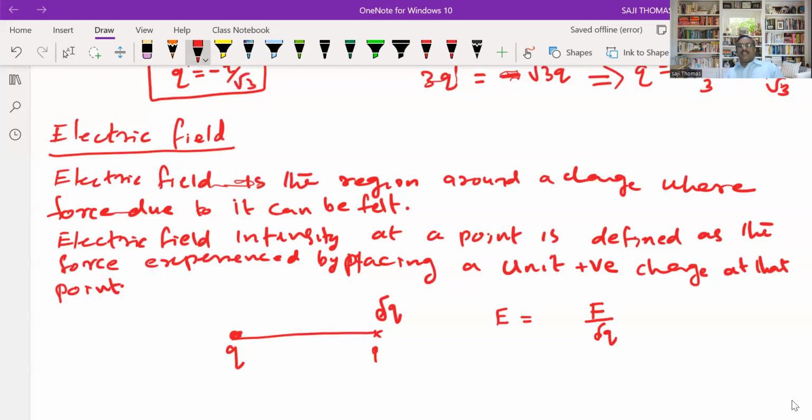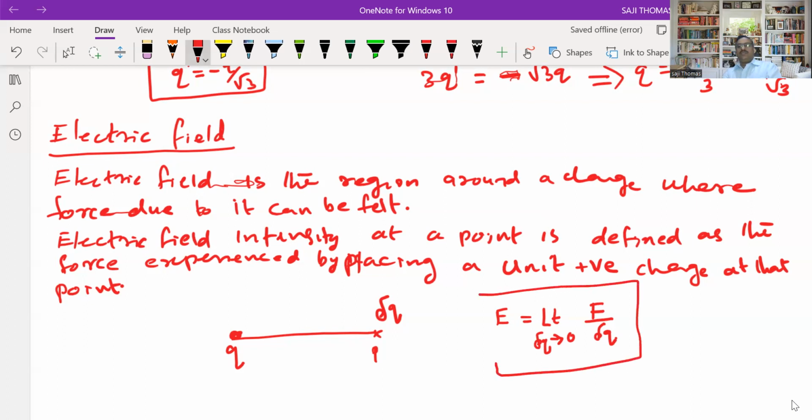But there is a condition. This test charge must be close to zero. So I am writing it as limit delta Q tends to zero. That means it is a condition given. Force by delta Q. So what is the equation for electric field?